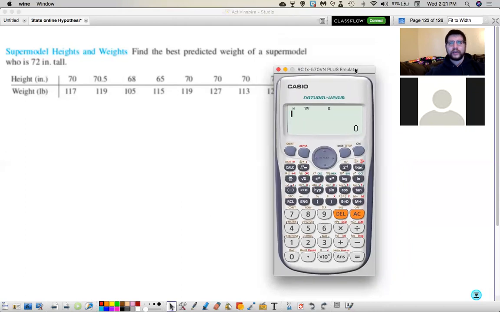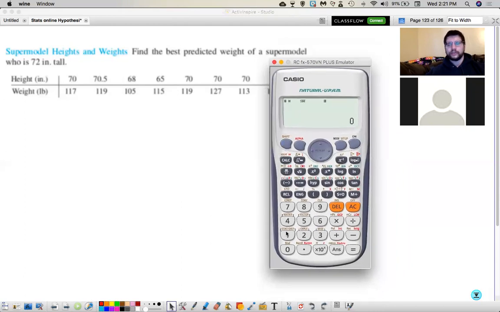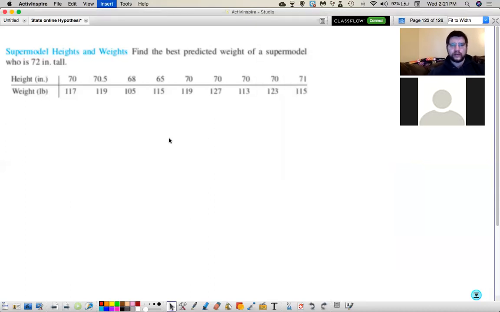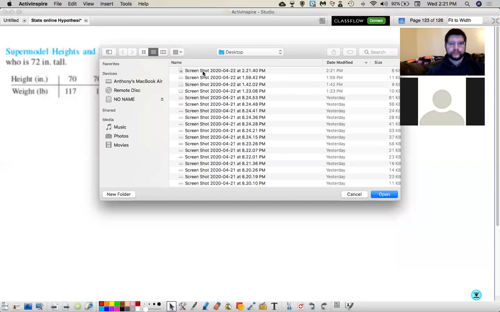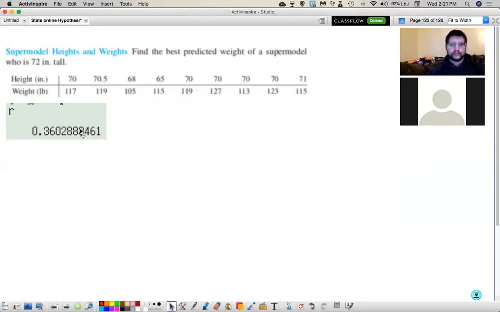So the first thing I'm going to do is go to my regression. So stat number 5. And let me look at what R is. R is pretty low. It's 0.360. So I'm going to go ahead and write down my regression equation, if we need it. If we don't, well, we'll just use y-bar. Let's find out. This is my R. We'll test and see if it's significant in a minute.